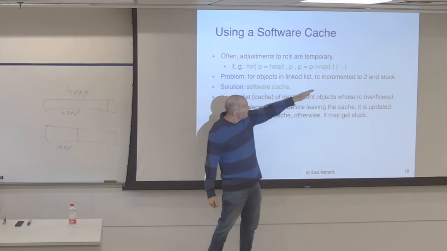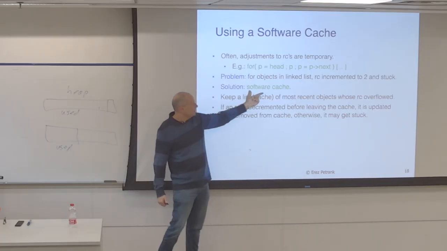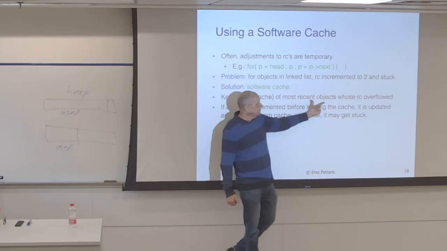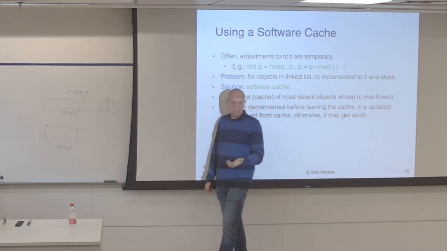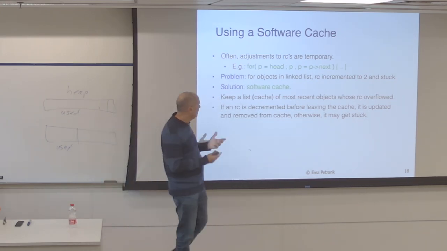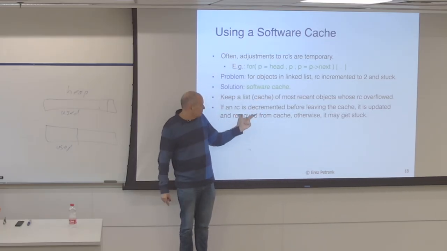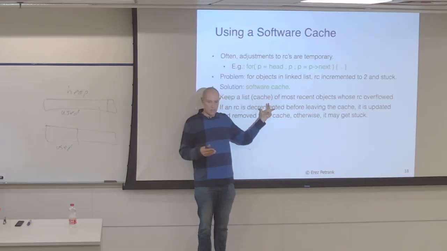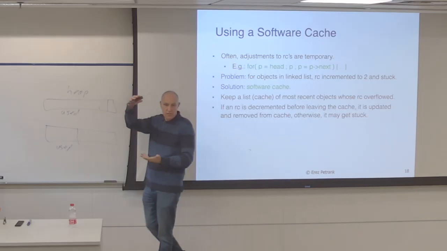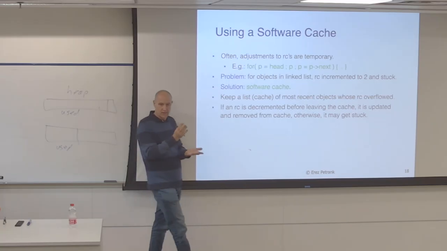So if I go over a linked list, I may increment the reference count and get it stuck. And the software cache says, let's keep a list, a cache, of the most recent objects that I incremented the reference count of and that became stuck. So all these objects, if I manage to decrement the reference count before I get them out of the cache, then I can get it out of the cache because it's not overflowed anymore. Maybe the cache is not large enough and I need to remove someone before it's decremented.